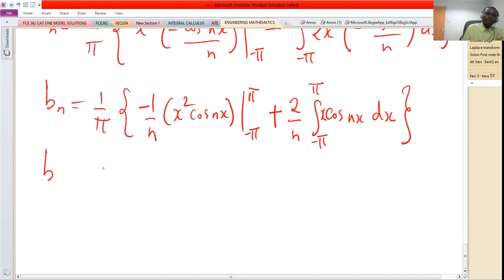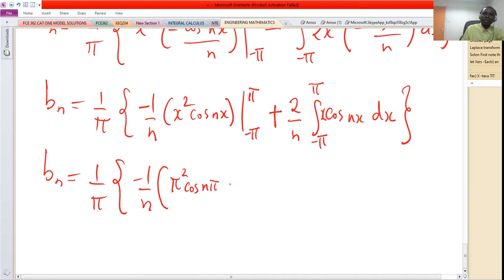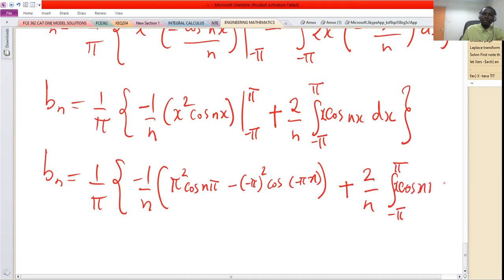So bn is 1 over pi into minus 1 over n, and then pi squared cosine of n pi minus pi squared cosine of minus pi n, and then plus 2 over n integral from minus pi to pi of x cosine of nx dx.